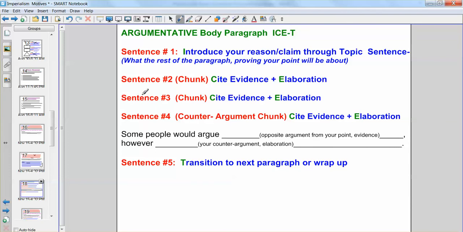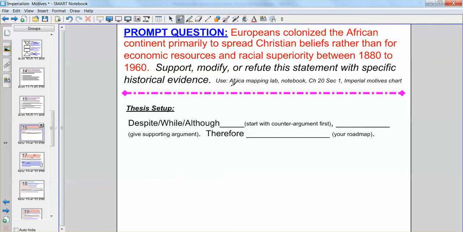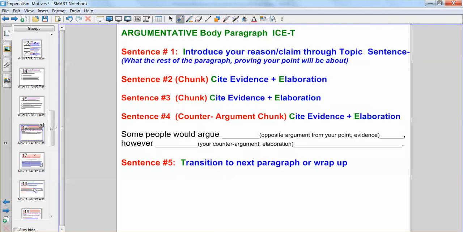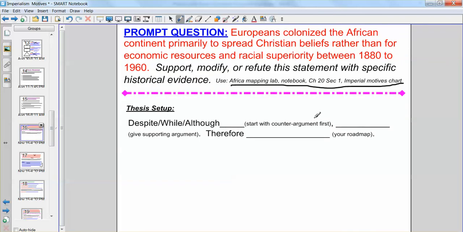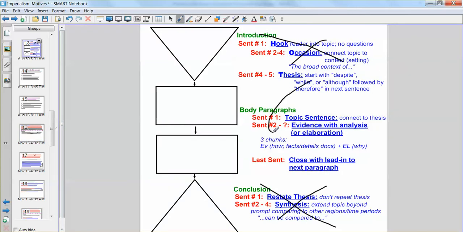So I can pick those off of my resources that I've got that are here to help me out with it. But in this case, the last chunk is actually a counter-argument chunk. Since I have now mentioned it in my thesis, I have to address it in my body paragraph because everything mentioned in the thesis has to come back into my body paragraph or it doesn't match.